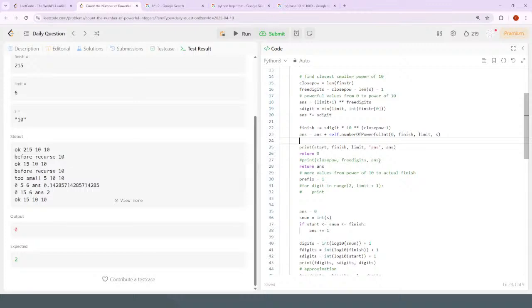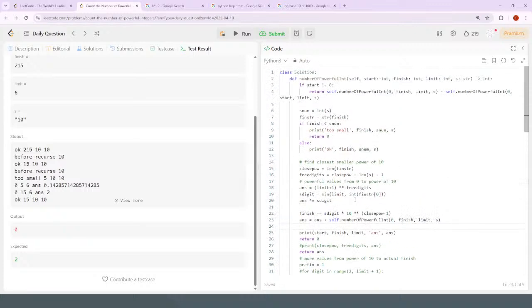Answer is 0.14. Answer plus self dot. I guess I always return 0 for all these. Maybe I do need to return something that's actually not garbage.